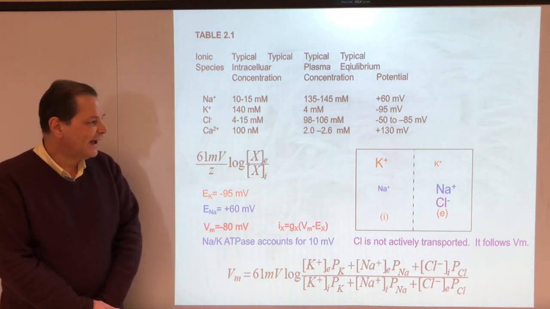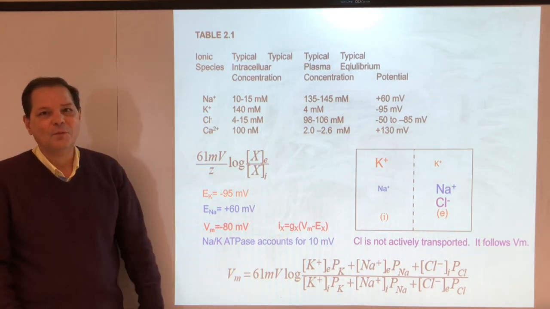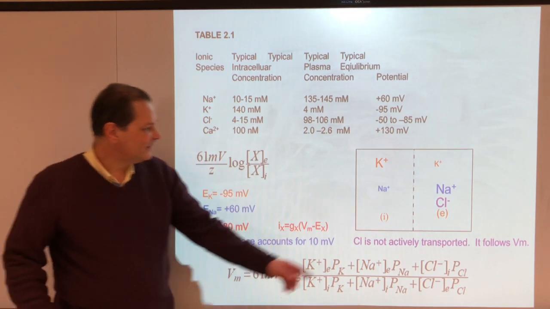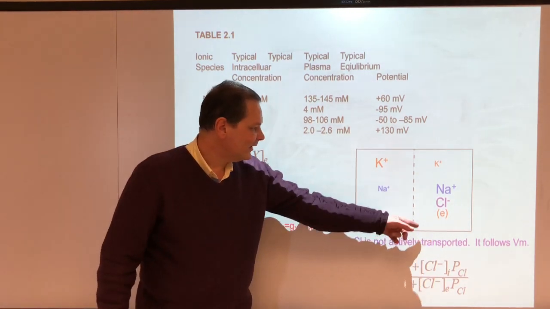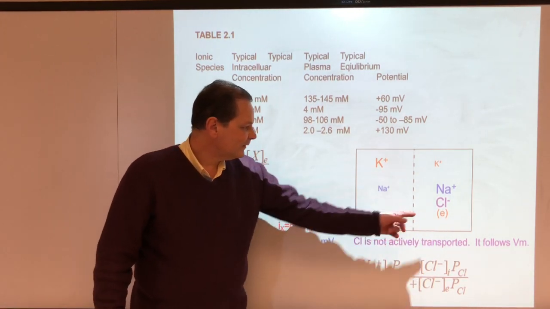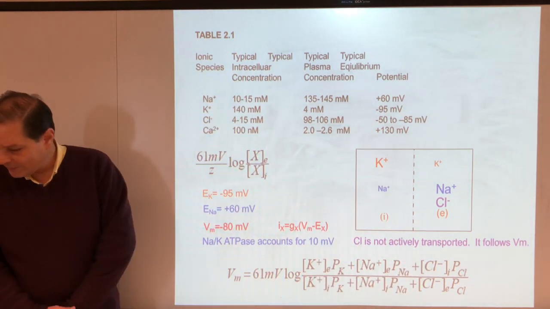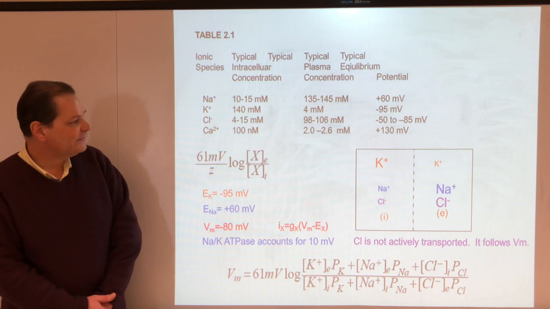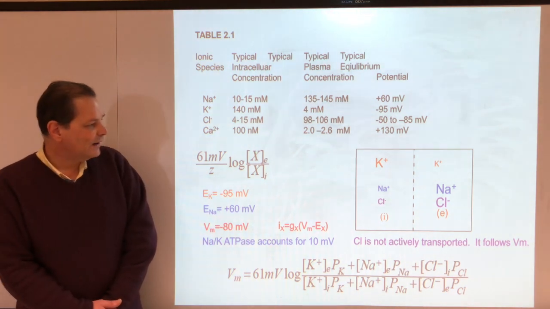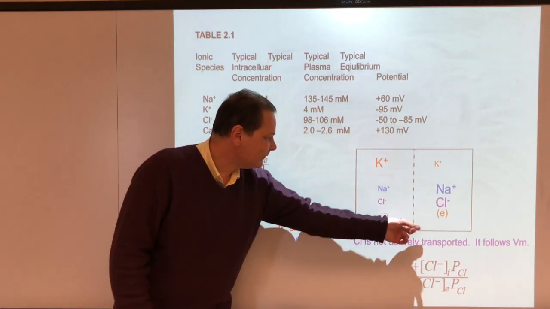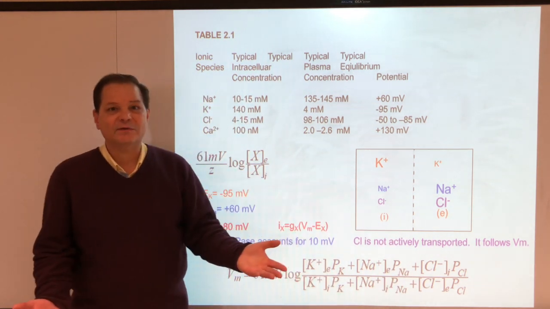And because of that, it just flows however it wants. So if the inside of the cell is negative and the outside is positive relative to the inside, then chloride's going to move across this membrane and equilibrate until it stops moving.